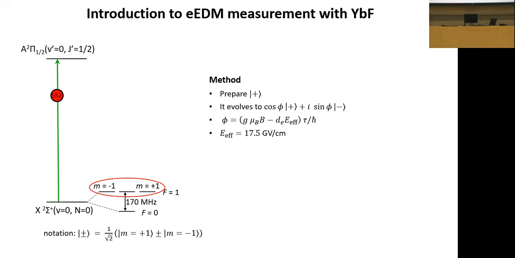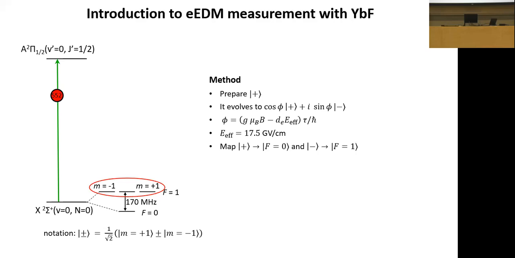In YbF, with the typical electric field that we apply, which is a bit bigger than 50 volts per centimeter, about 20 kilovolts per centimeter, the effective electric field is 17 gigavolts per centimeter. This is still pretty large. After the phase evolution, we map the plus state to the F0 state and the minus state to the F1 state.